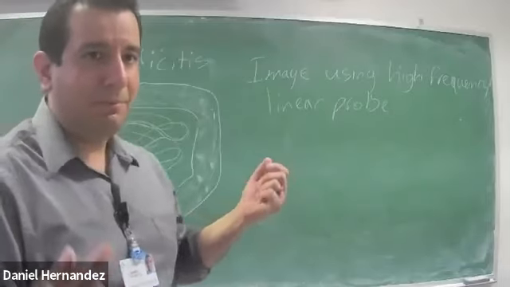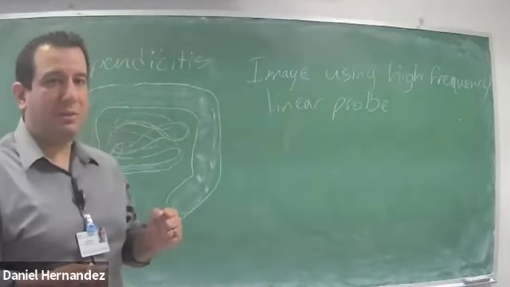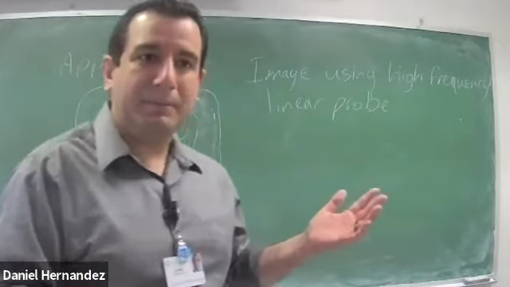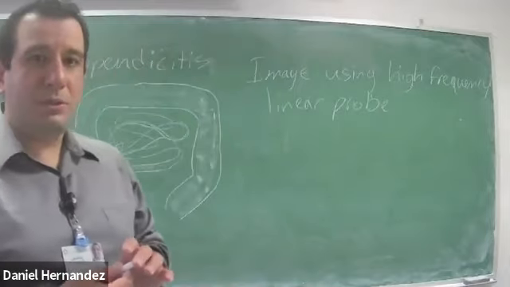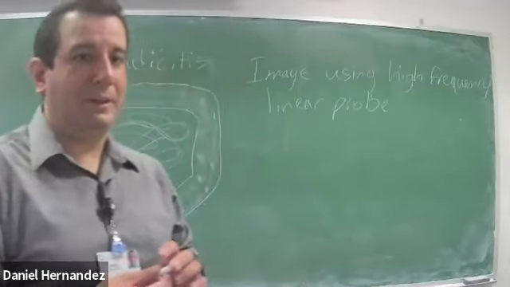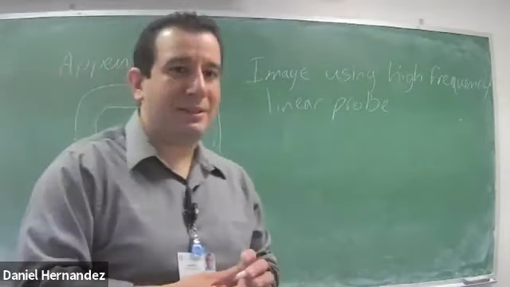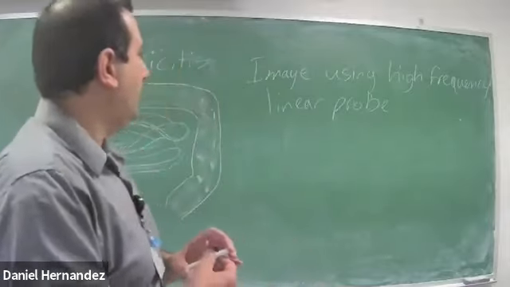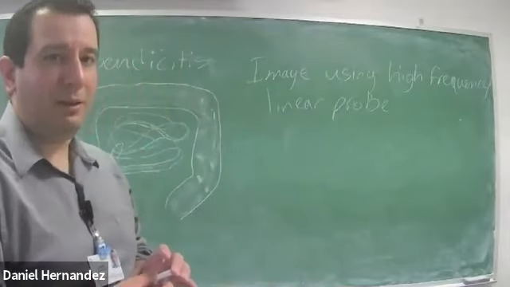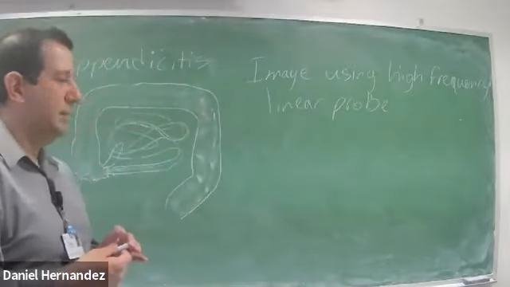So if it was a thicker, chunkier kid, we may have to switch down to a linear 7. We typically didn't use a curved probe unless it was an extenuating circumstance, because the images you get with the curved probe aren't as good quality as with a linear probe. So we typically stuck with the linear probes.